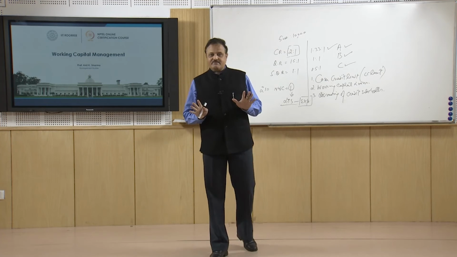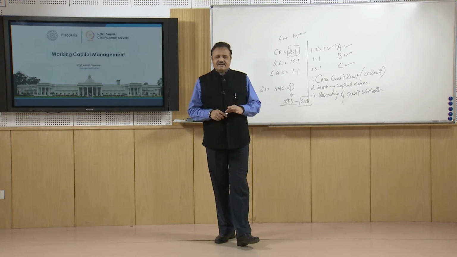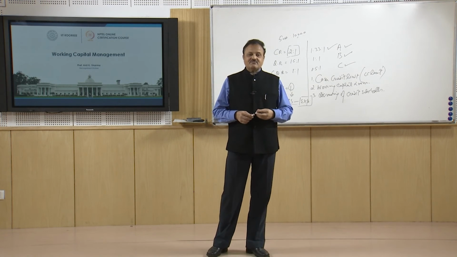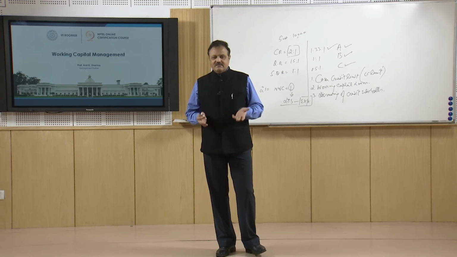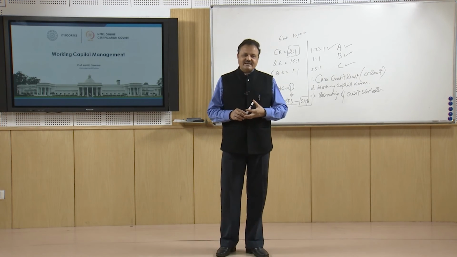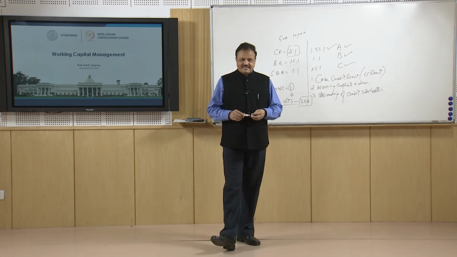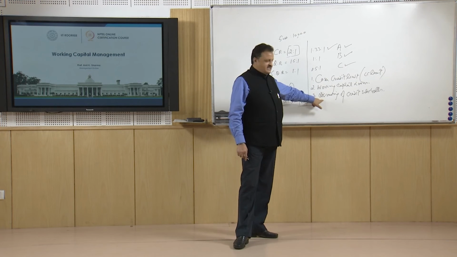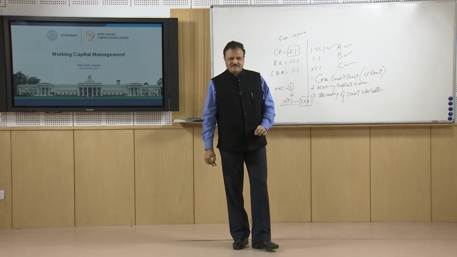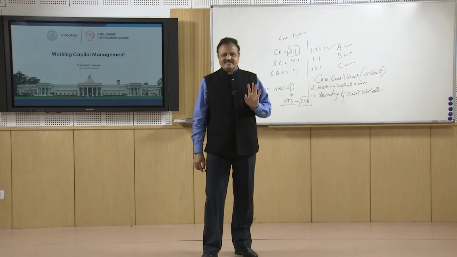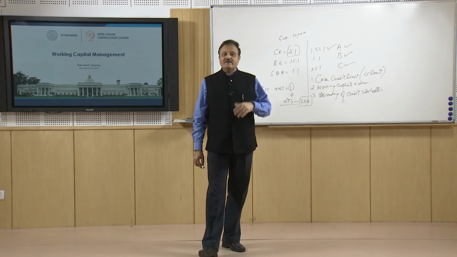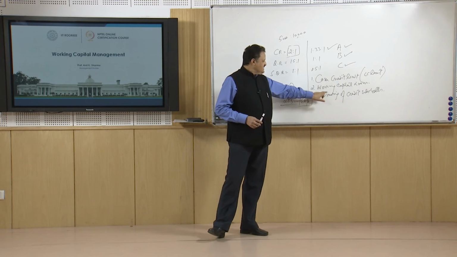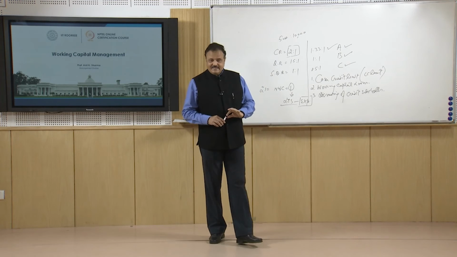There is an instruction from the RBI to the banks that for working capital requirements of 10 crores and above, 80% should be given as the working capital loan and bill discounting facility. Only 20% should be given as the CC limit. So 2 crores can be given as a CC limit, and 8 crores, or more if the total requirement is more, has to be given by way of working capital loan or as a bill discounting facility.